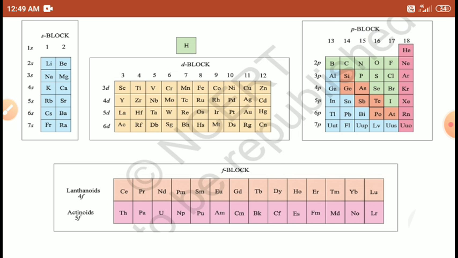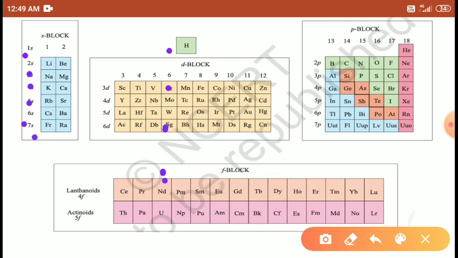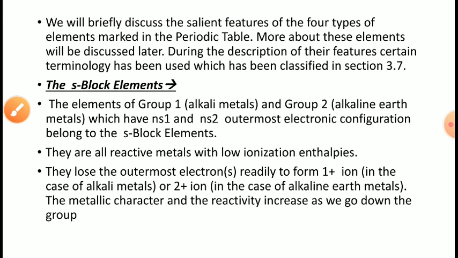When we arrange the elements by atomic number, we observe that elements in a group have the same valence electrons. They exhibit similar properties, so they are considered as the s, p, d, f blocks. Right, students?